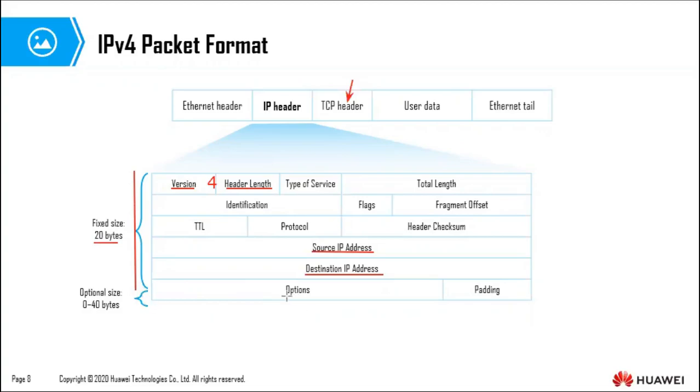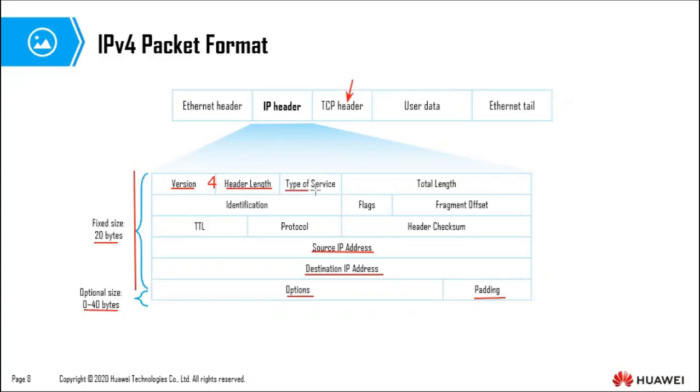But we also have an options field and a padding field that can vary in size between 0 and 40 bytes. So when we add 20 plus whatever size this is going to be, that value is going to be stored in the header length field. Is that clear?